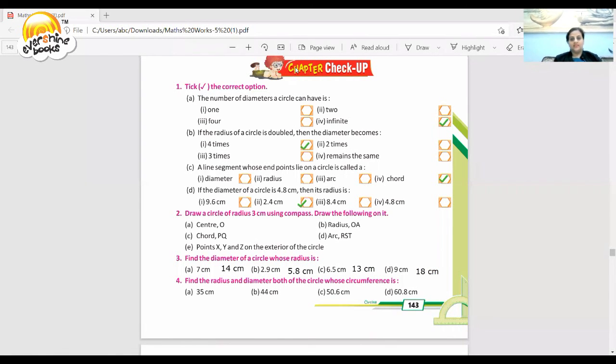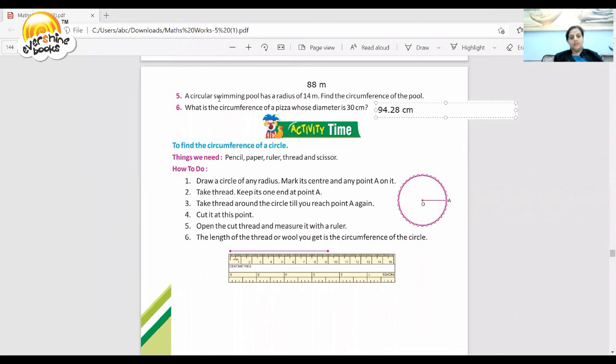Now a circular swimming pool has a radius of 14 meters, so just double it, 28 will be there, then 28 into 22 upon 7, the answer will come 88 meter. In that also 30 into 22 upon 7, the answer will come 94.28 centimeter. Okay, now we have done this exercise also.